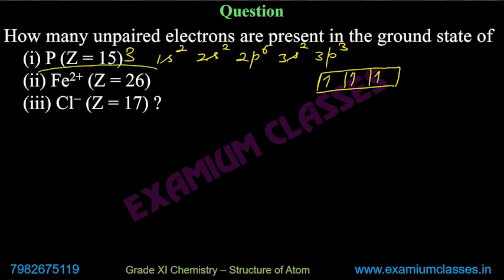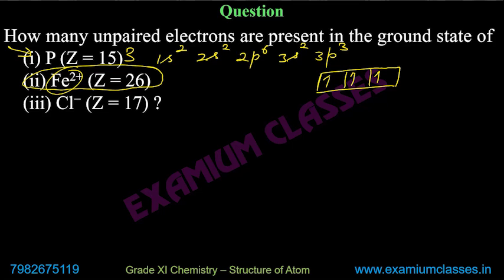Now these type of questions are very important and usually these will appear in your examination. These are simple ones. The first one, very simple. And why is the ionic form important? Because the rule is slightly different. For iron 26, first you will always write the configuration of atomic form.